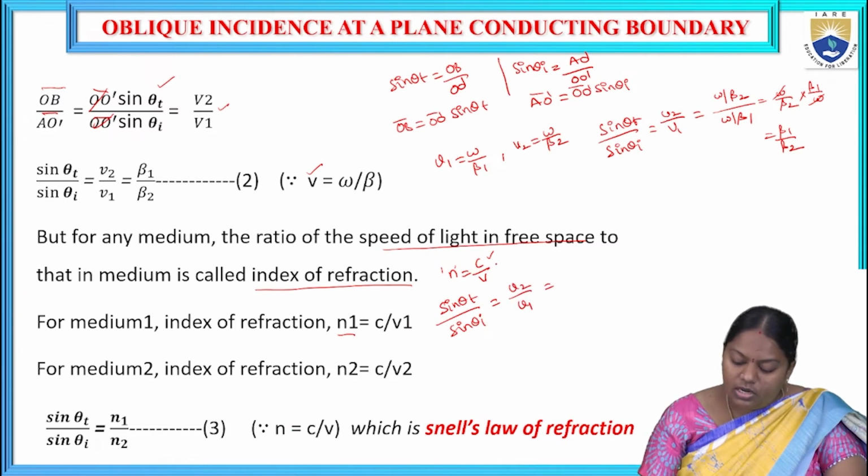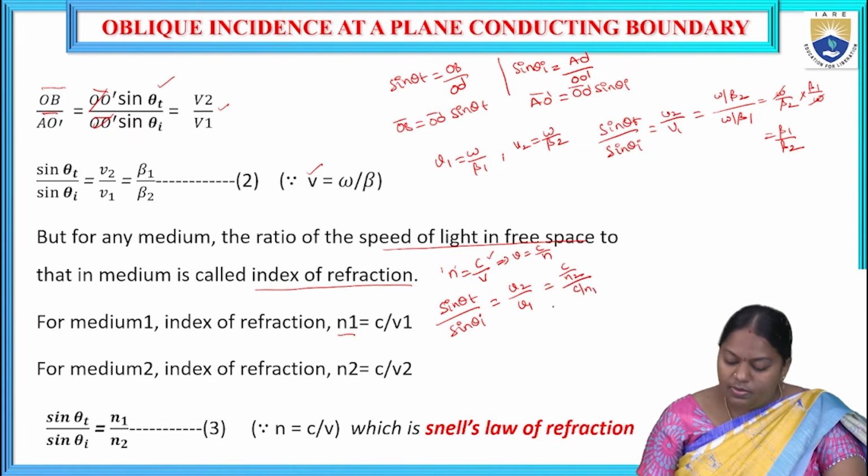Now from n equal to c by v, the velocity v equals c by n. So in place of v1 and v2, v2 becomes c by n2 and v1 is c by n1.